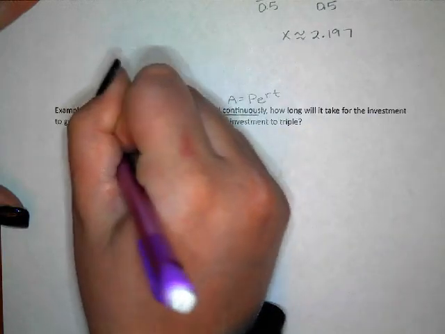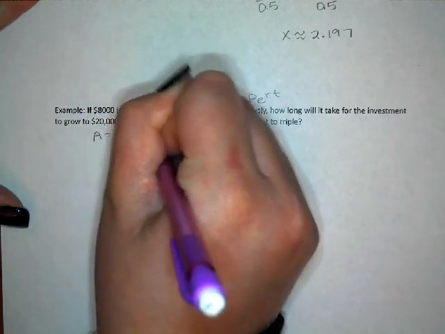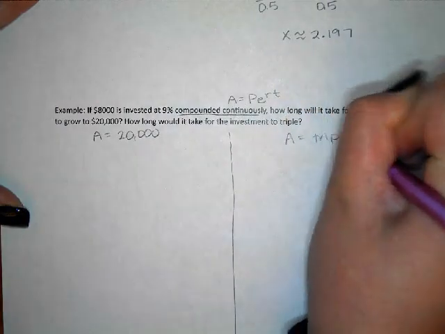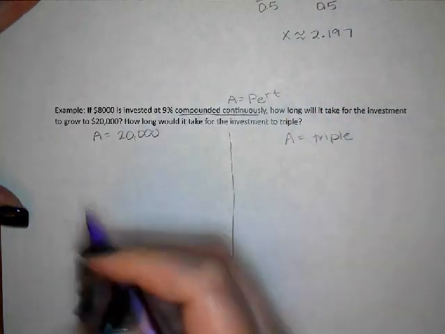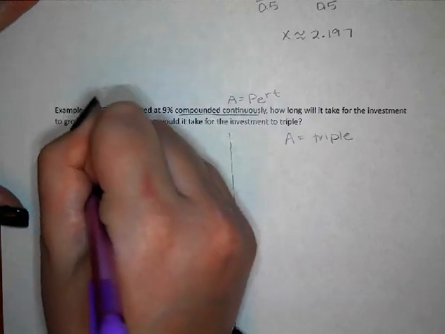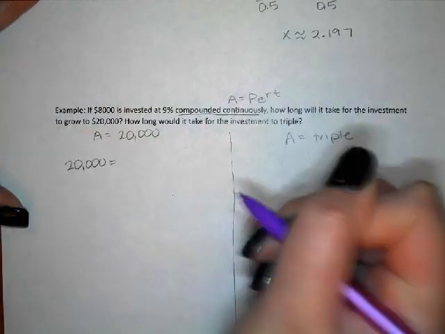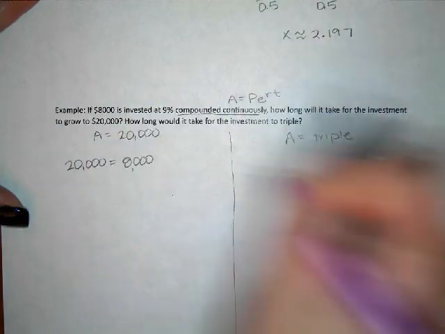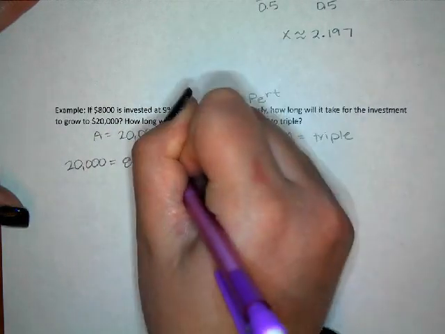Okay, so for it to grow to $20,000, we know that 20,000 is our end result that we want. We started with 8,000. We had a rate of 9%. And t is what we're solving for.